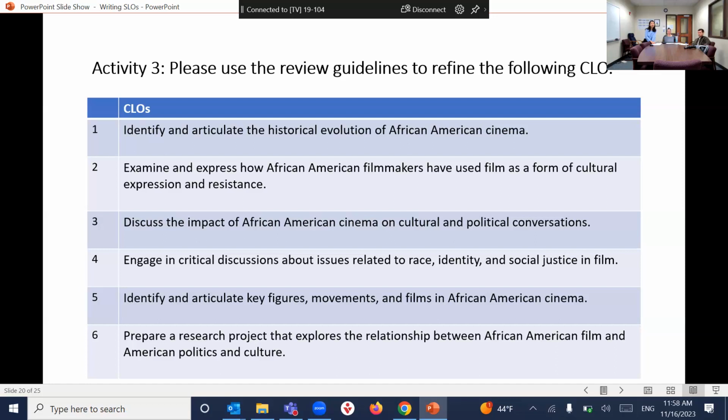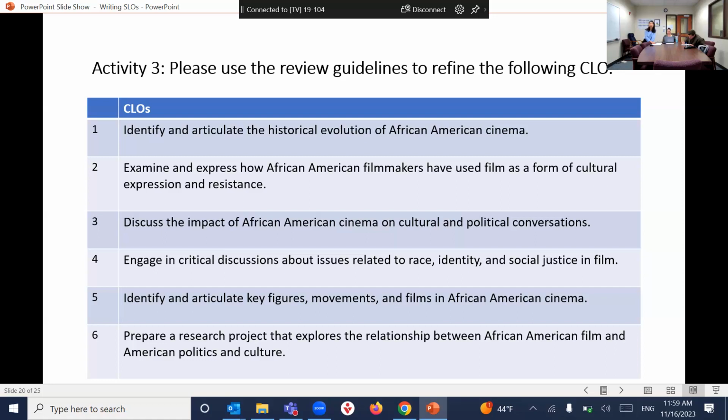So I'm taking the original 6 course learning outcomes that Darwin developed for this new course, and I would like you to go through these 6 course learning outcomes, read them, try to identify the issues with these existing course learning outcomes, and think how to revise them.